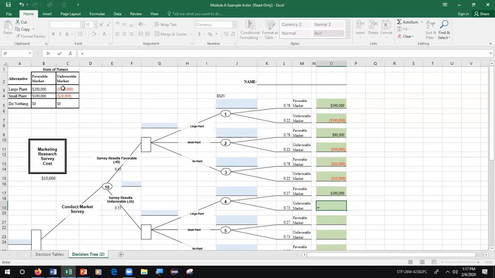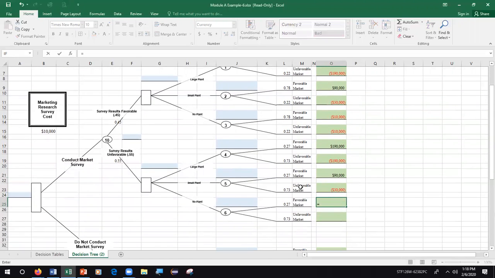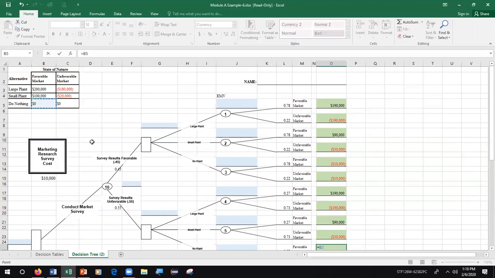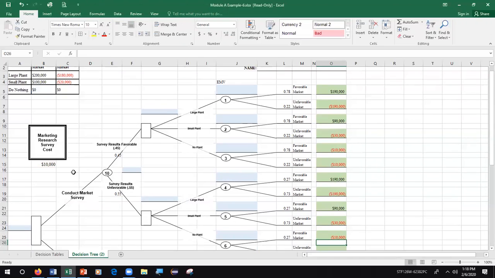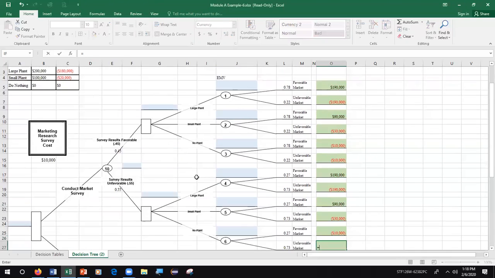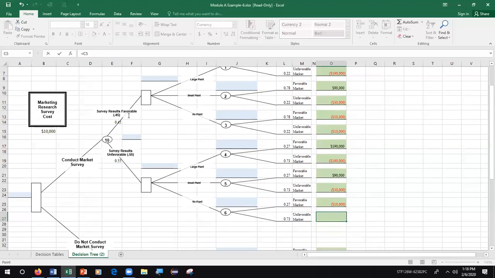These are going to be equal to unfavorable minus 10,000, equal to favorable small minus 10,000, equal to unfavorable small minus 10,000, equal to do nothing favorable minus 10,000, and equal to do nothing unfavorable minus 10,000.